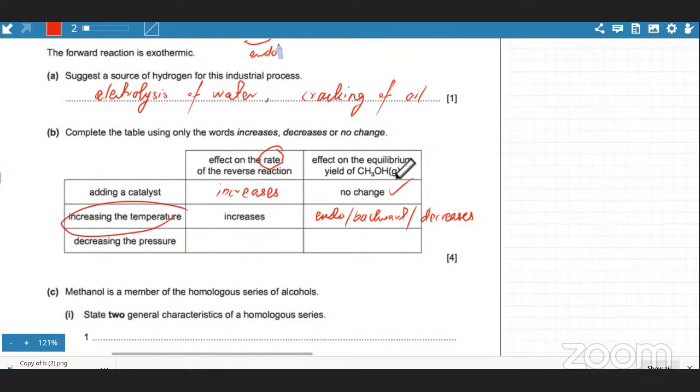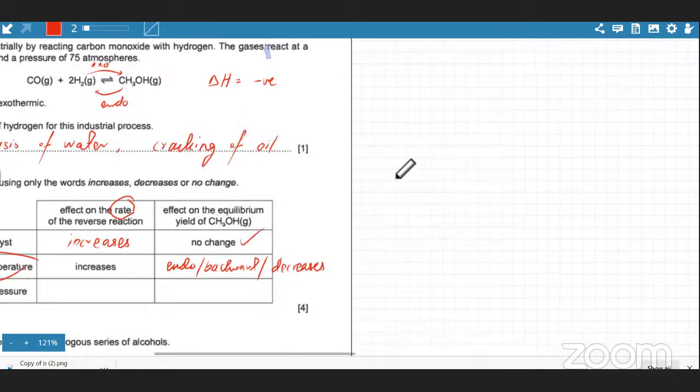Next one is decreasing pressure. Now, whenever you decrease pressure, Le Chatelier's principle states that the side with more gas moles is favored. So the more gas mole side is going to be favored.